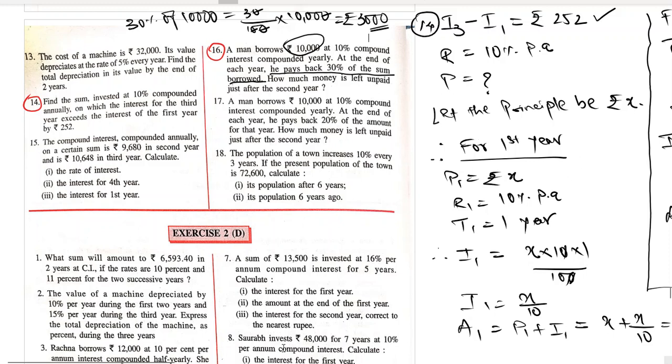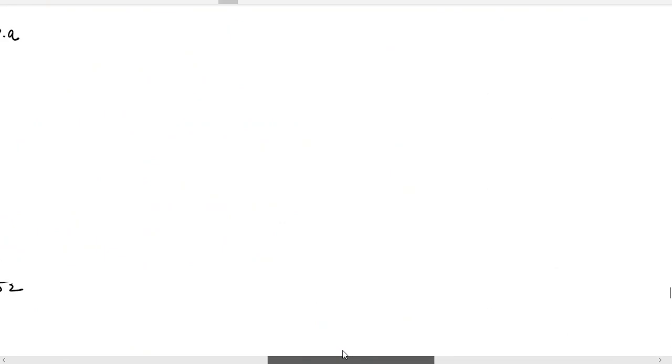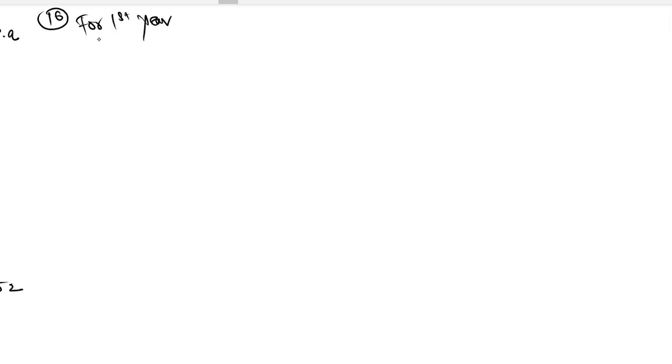Let's do this. Man borrows 10,000 at 10% and pays back 30% every year. So for first year, what is the principal for the first year? Rupees 10,000. P1.